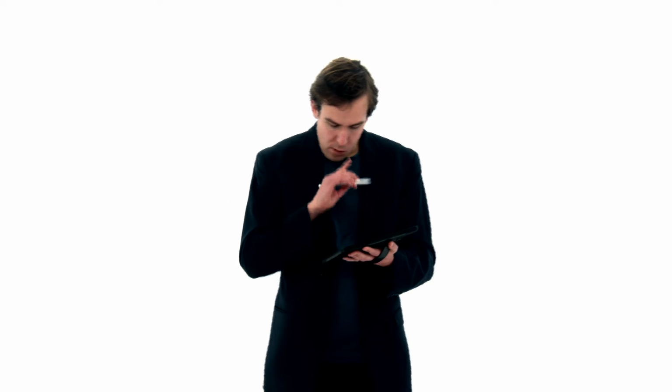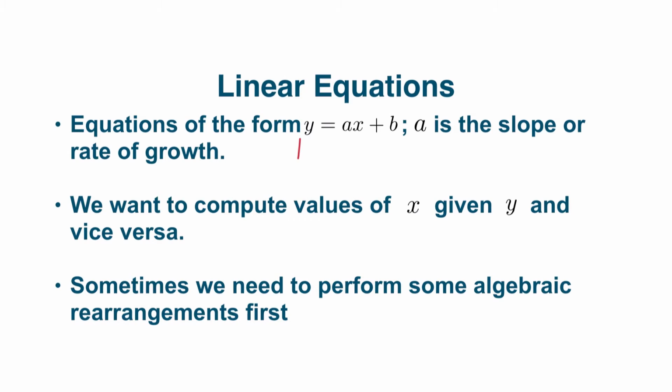So recall that our linear equations are of the form y equals ax plus b, where a is the slope, or in the context of our model, the rate of change. So the slope you can think of as geometric. When I plot this function in the plane, the slope will tell me what direction it's moving in and how steeply.